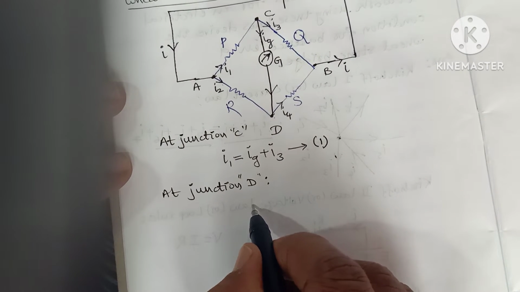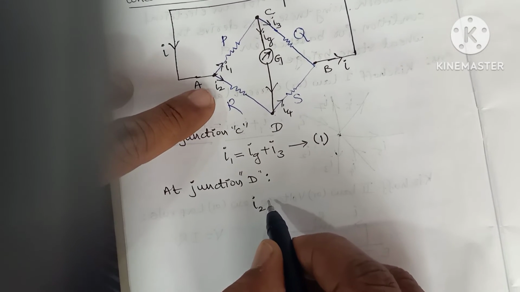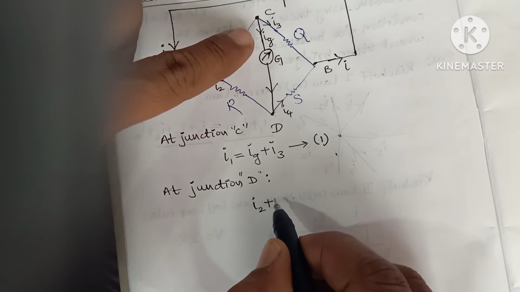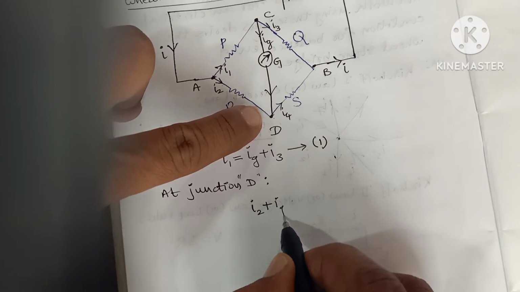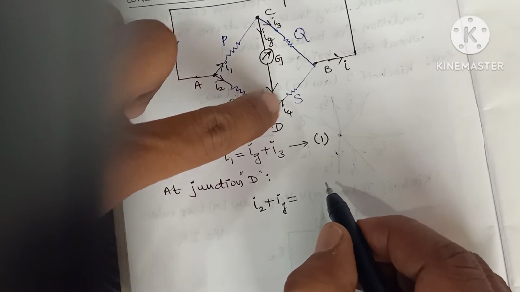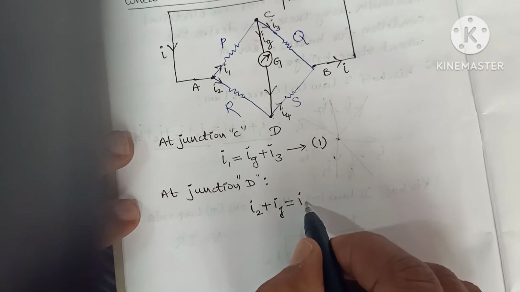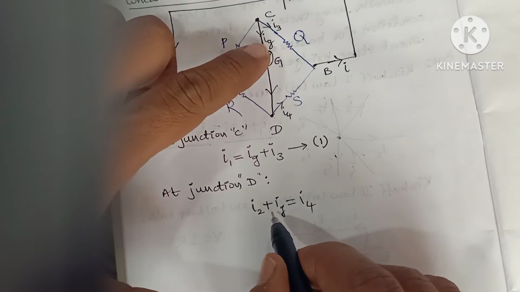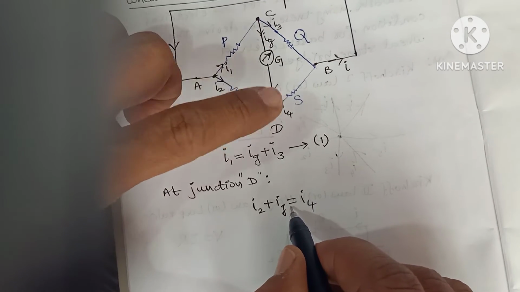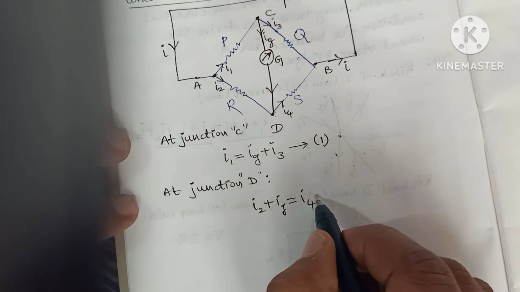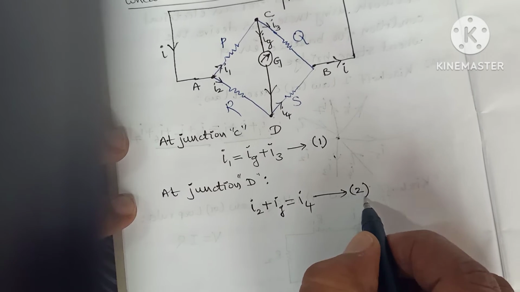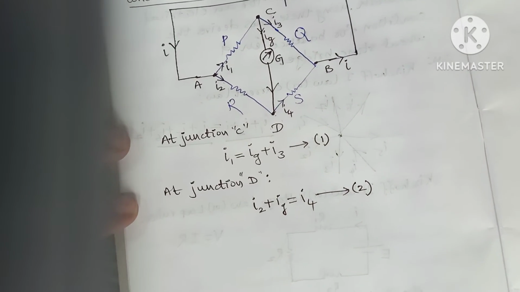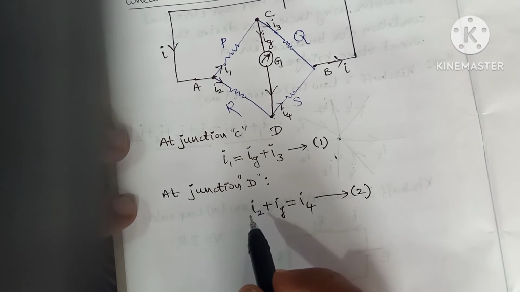Now we'll write the sum of the currents flowing towards the junction, I2 plus IG, equal to the current flowing away from the junction, I4. So I2 plus IG is equal to I4, say equation number 2. This is the Kirchhoff first law at junction D.